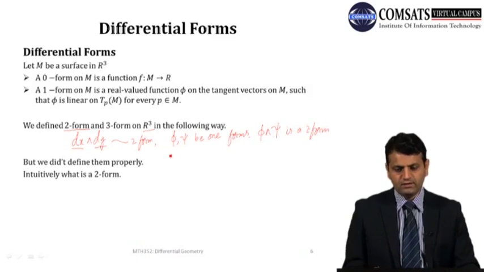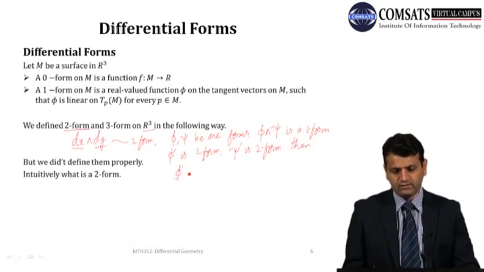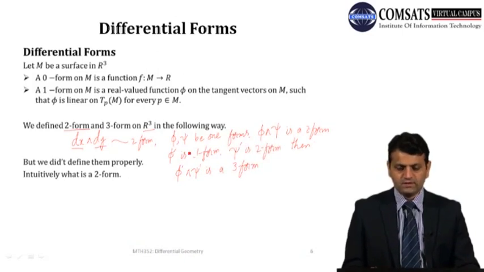Similarly, if phi prime is one form and psi prime is two form, then phi prime wedge psi prime is a three form. So this was the rough definition.